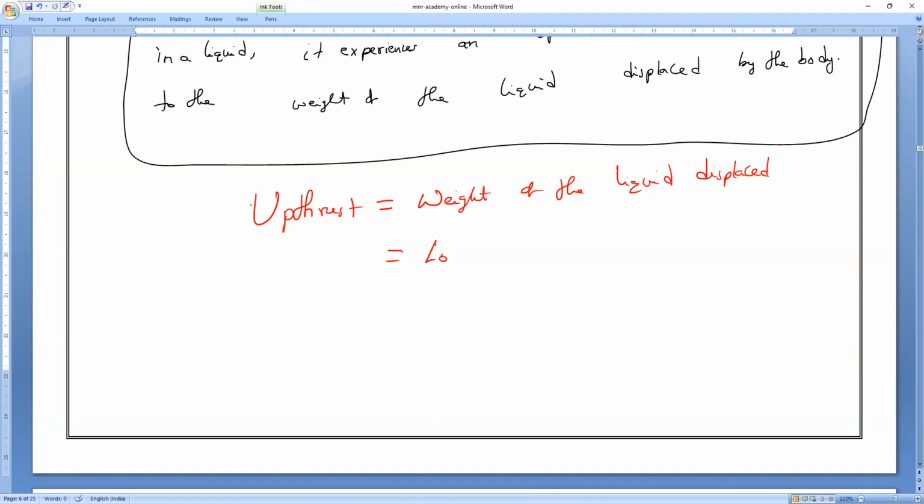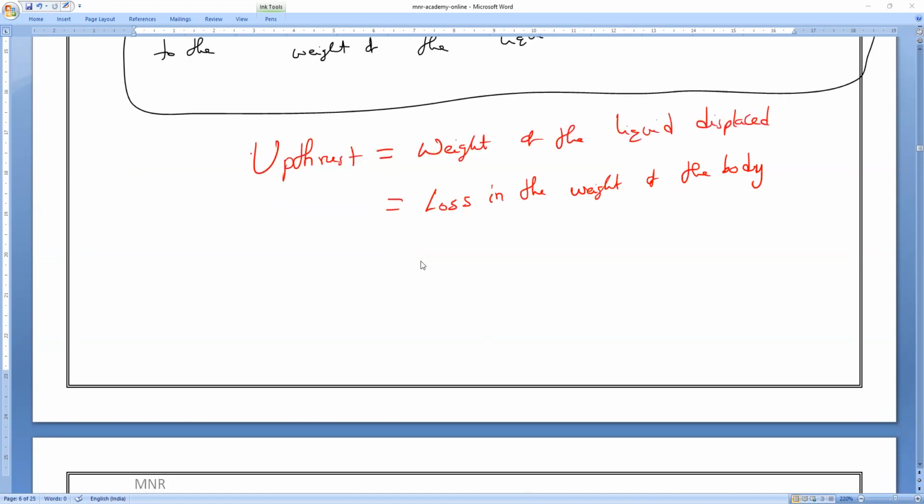The weight of the liquid displaced is equal to the upthrust, or the loss in weight of the body. Clear what I'm saying? That is what you have to remember.